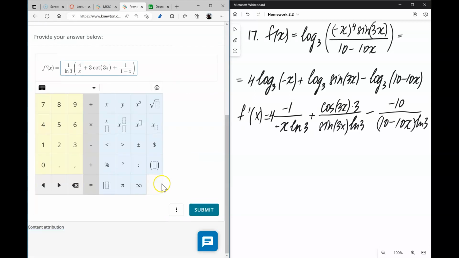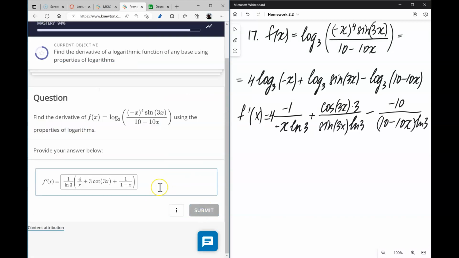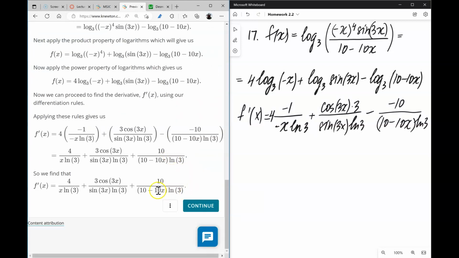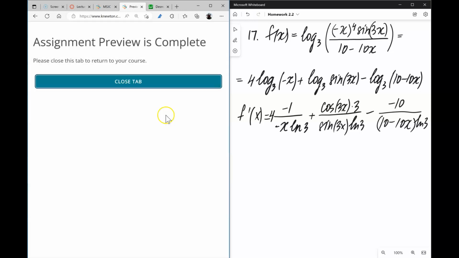Hopefully I didn't make any typos. Let's see. Yep, got it. And yeah, we actually did a better job simplifying than Newton. So we finally finished. If you have any questions about finding derivatives of logarithmic functions or functions whose components are logarithmic, let me know.